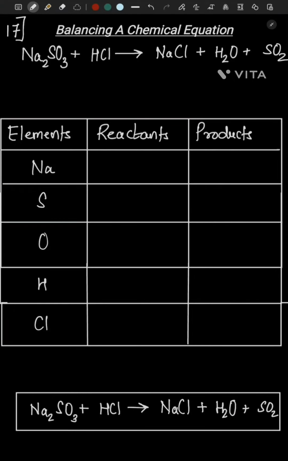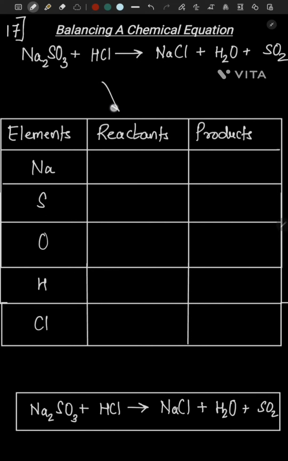Let's see one more, which has sodium sulfite reacting with HCl, hydrochloric acid, resulting in sodium chloride with water, and a gas is evolved, that is sulfur dioxide. In the above chemical equation, the elements involved are sodium, sulfur, oxygen, hydrogen and chlorine. Again 5 of them.